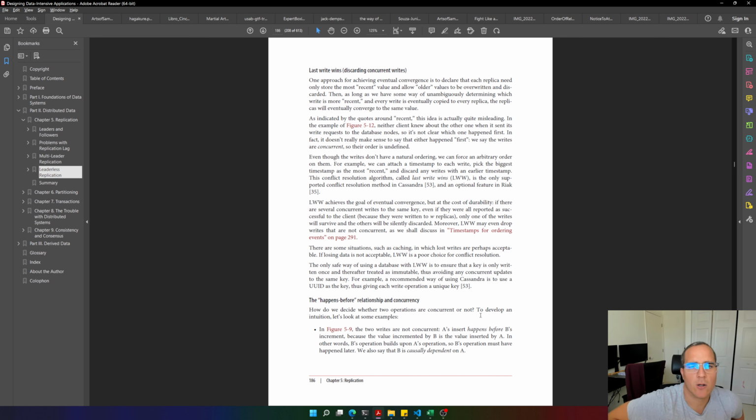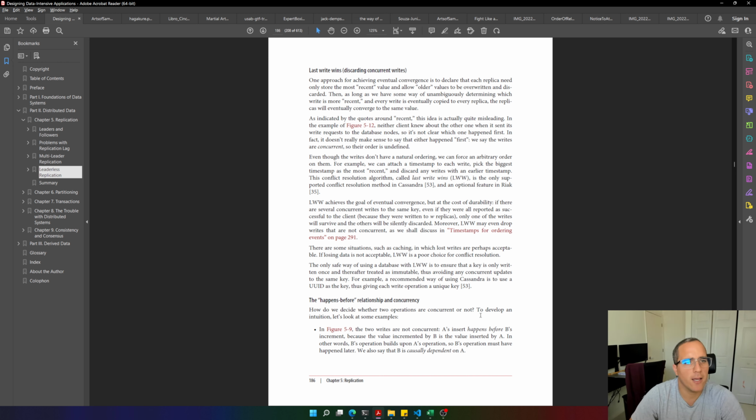As indicated by the quotes around "recent," this idea is actually quite misleading. In this example, figure 5-12, neither client knew about the other one when it sent its write request to the database node, so it's not clear which one happened first. In fact, it doesn't really make sense to say that either happened first.